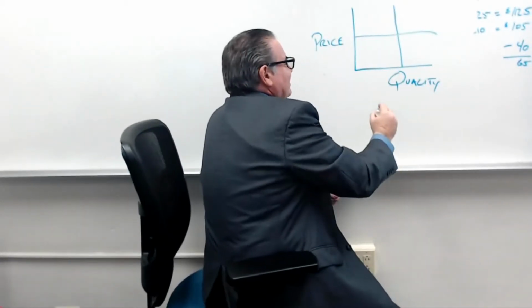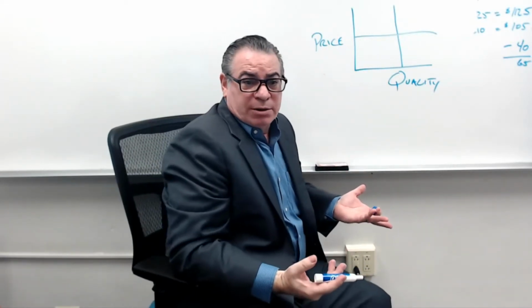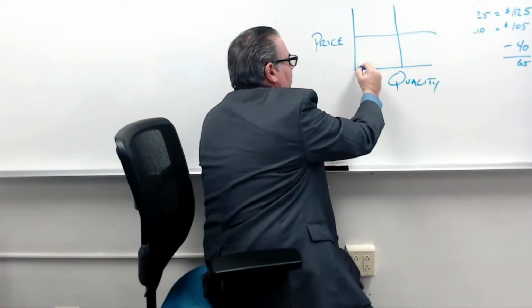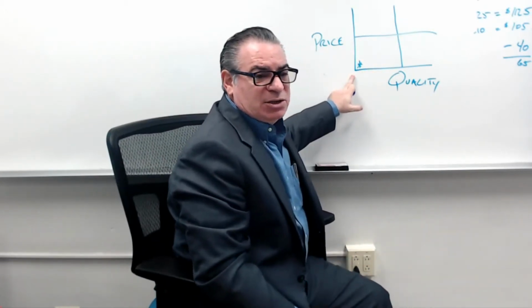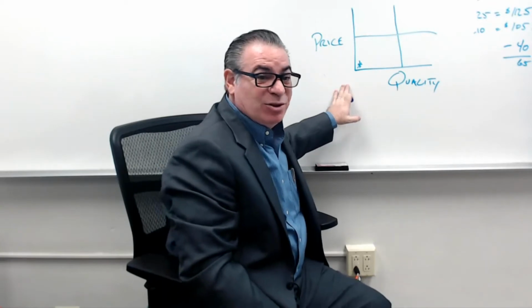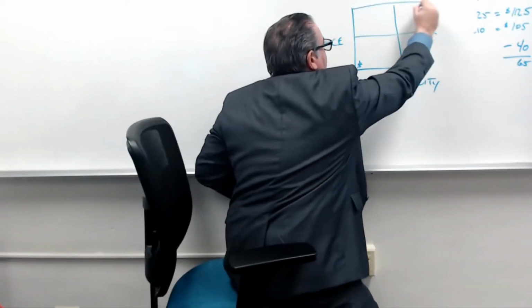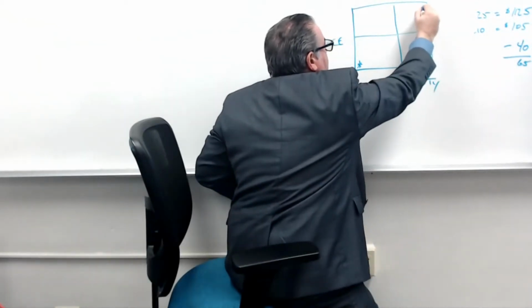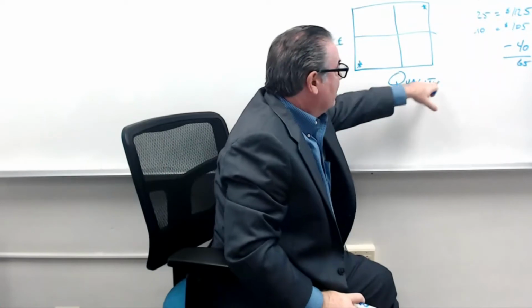So down here would be low price, low quality. Right? That would be over here, low price, low quality, the very corner of that. So it's the cheapest price, the lowest quality. Opposite of that would be, way up here, which would be the highest price, highest quality.